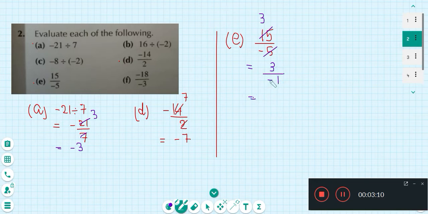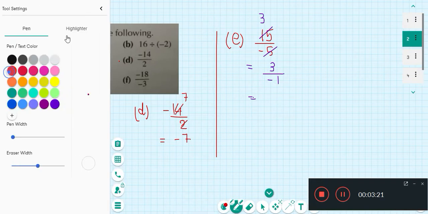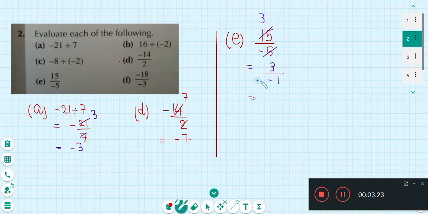This negative sign goes up, or you can say that if you multiply both numerator and denominator with the negative sign, -1, like this. So this will become -3 in the numerator, whereas denominator becomes negative into negative, +1, so the answer will be -3.